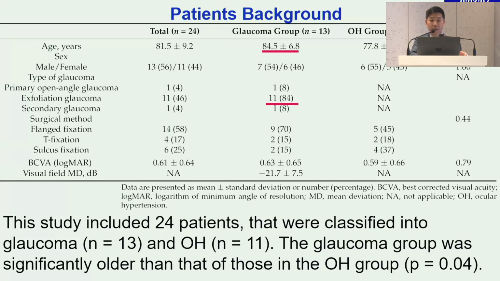The slide shows the patients' background. In total, 24 patients were recruited. The glaucoma group had 13 patients. The OH group had 11 patients. The glaucoma group was significantly older than the OH group. The most prevalent glaucoma subtype was exfoliation glaucoma.